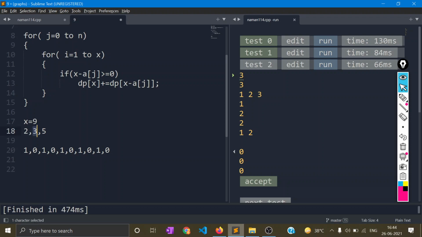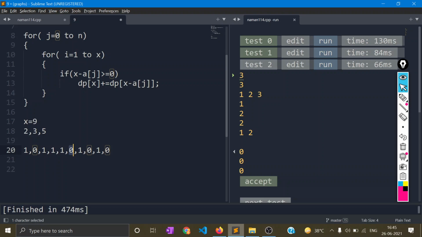When I get to 3, how would it contribute? First, it would contribute to 3, right? It would change from 0 to 1. And then it would also consider 5, right? So let's see how. So 0, 1, 2, 5. Here it is. So dp5.